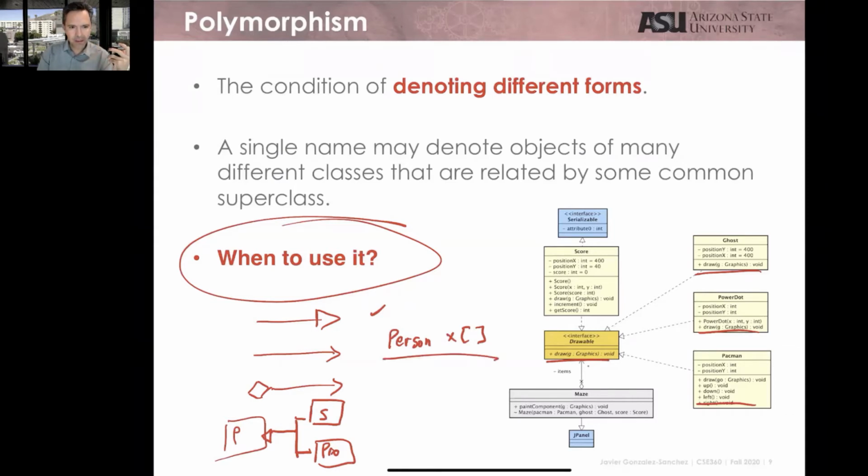That array can be person, can be student, can be professor, can be anything that I put as a child of the parent. And that is a very powerful attribute in object-oriented developing.